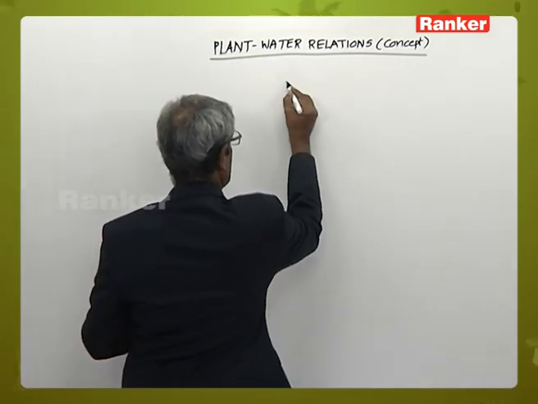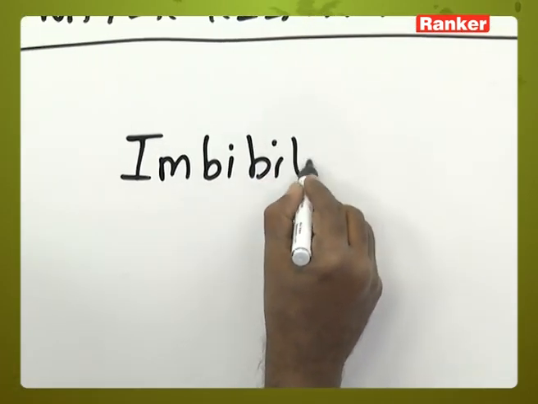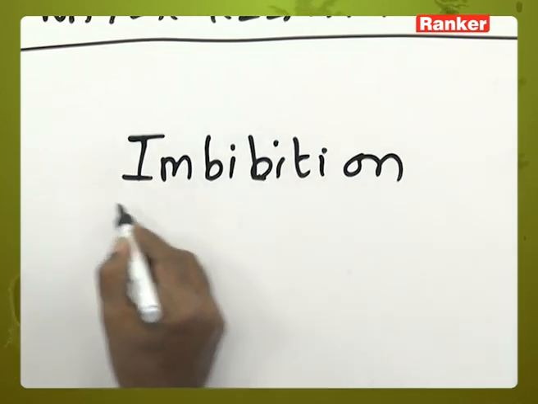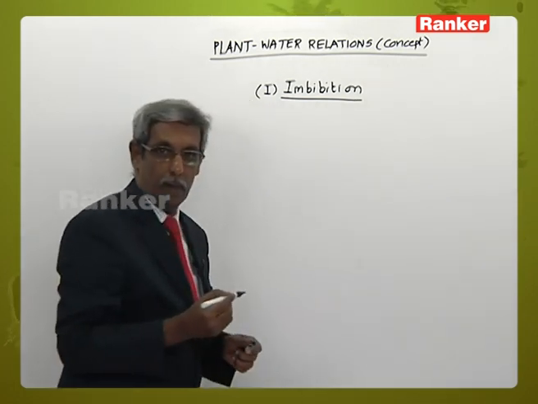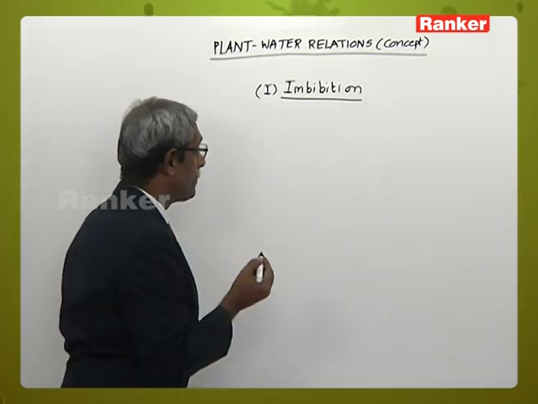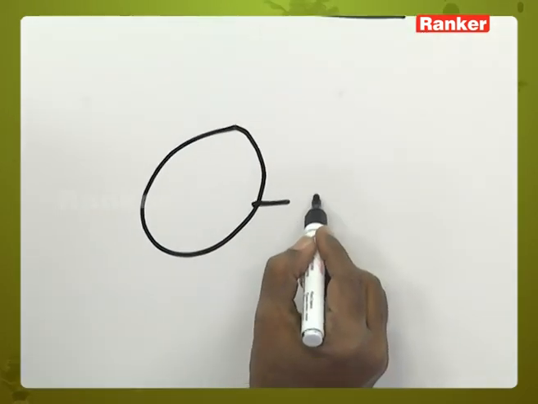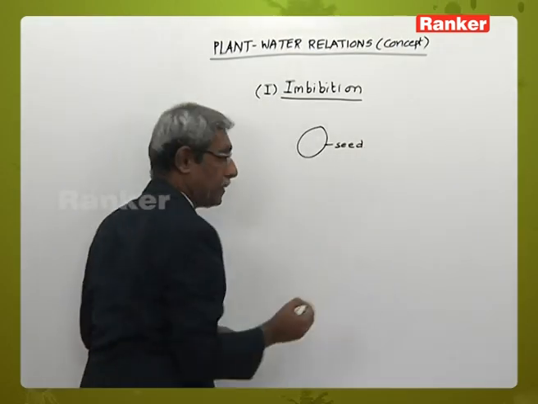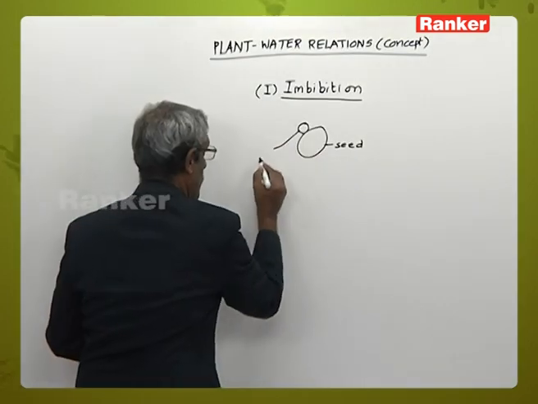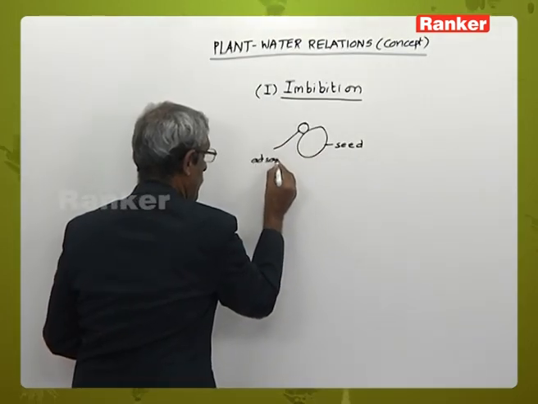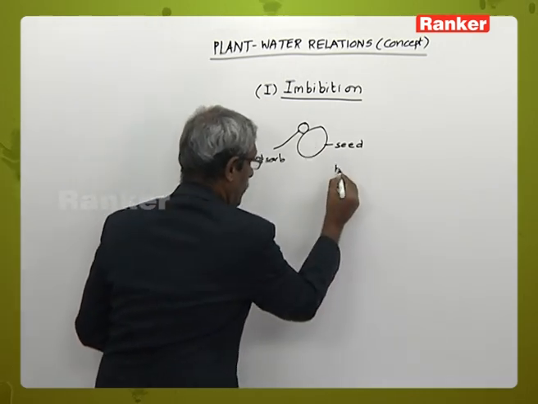We take the first instance of imbibition of water. During imbibition, when we have a seed, the seed can adsorb water because it is made up of hydrophilic colloids.